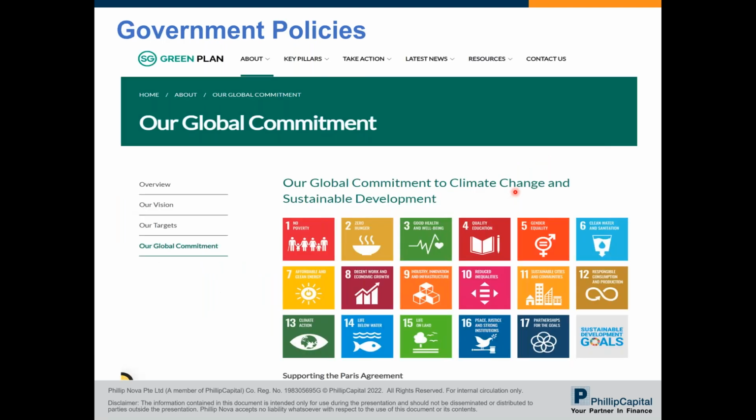Okay, how about government policies? So Singapore government has this SG Green Plan, whereby the plan is basically because of climate change, we want to change to a more sustainable energy, to be more energy efficient, to be a more sustainable society.